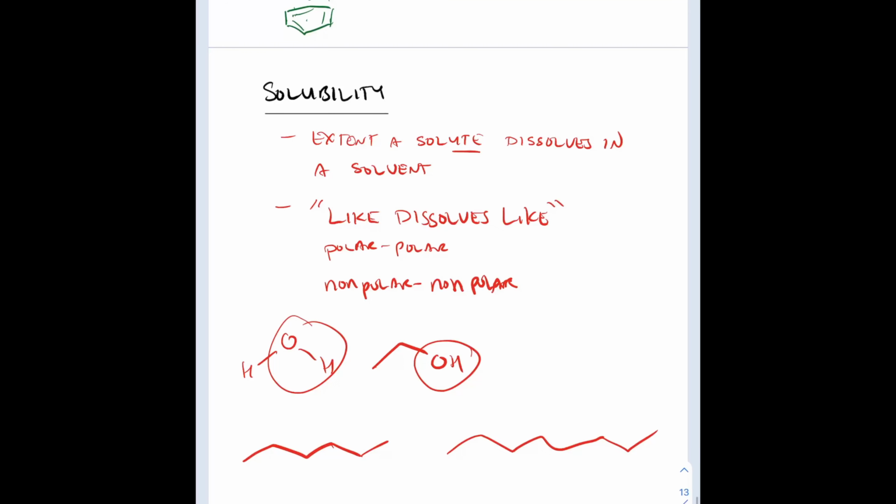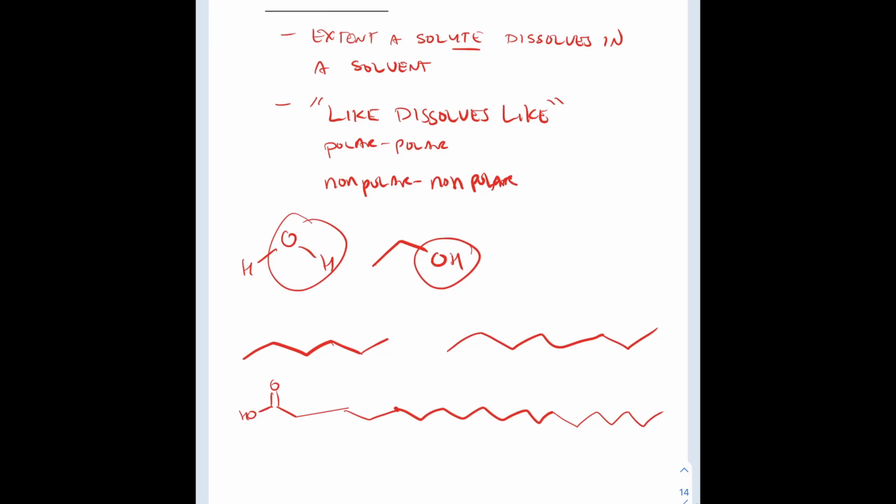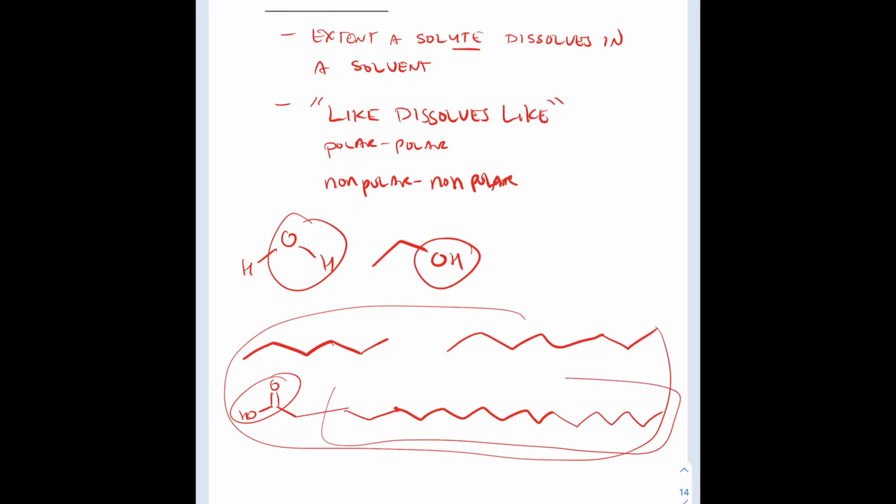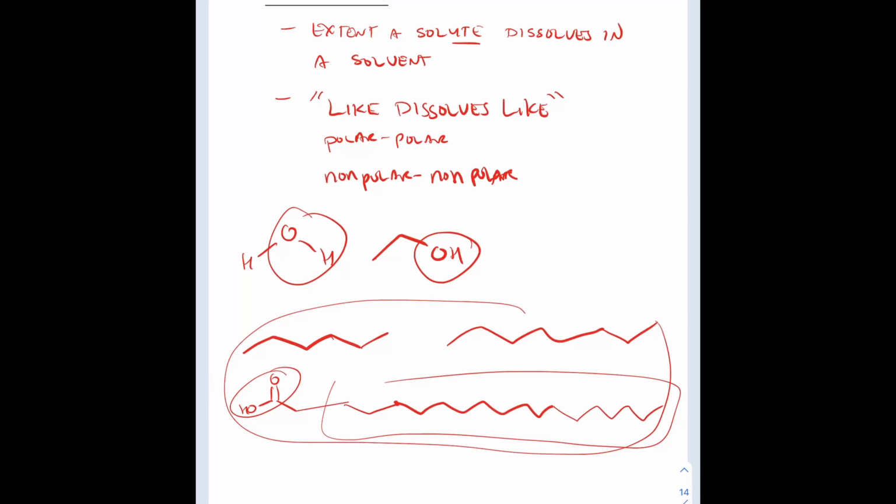Or if we wanted, we can have some sort of oil. Let me redraw that. Let's just draw 18 carbons. Even though there is this particular functional group that is polar, there's a ton of non-polar portion of it, right?